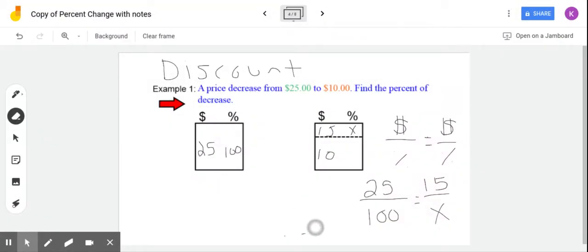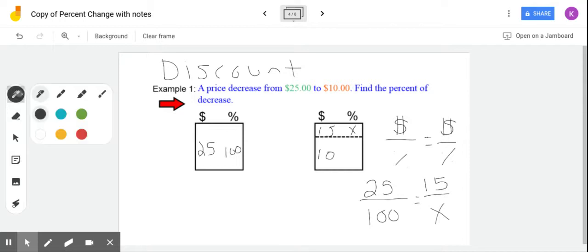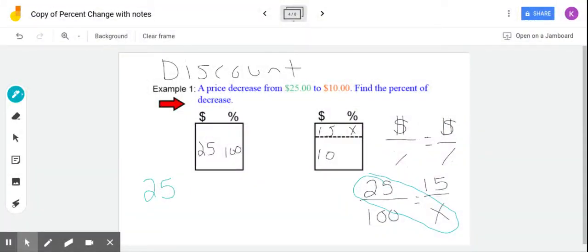If you remember from a few videos ago, to solve a proportion, we do something called cross multiply. So it's going to be 25 times X equals 15 times 100, and then you're going to divide, and for X you're going to get 60%. So the percent decrease was 60%.